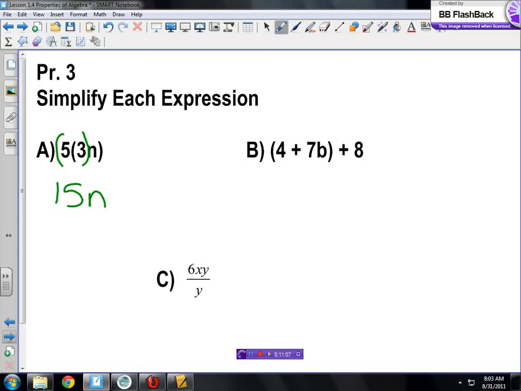No, so could I change the order? Yeah, so let's say 4 plus 8 plus 7b. 4 plus 8 is 12. So is that simplified? Yeah, it's fewer numbers than before, so it's simplified.